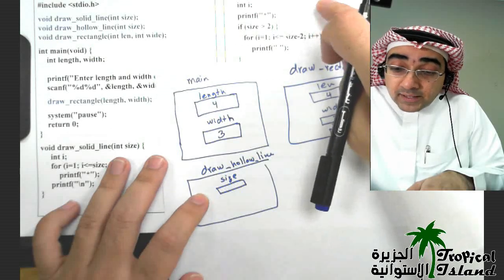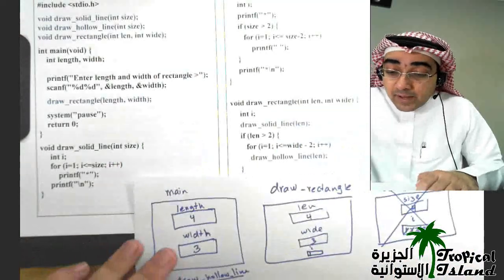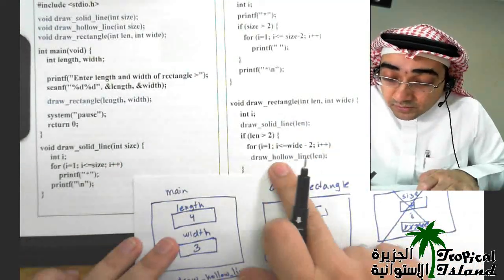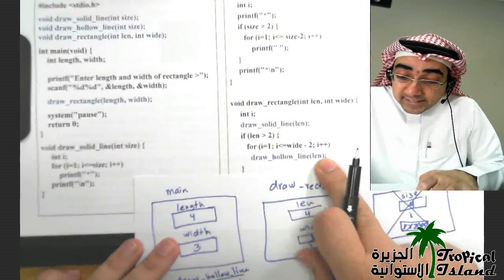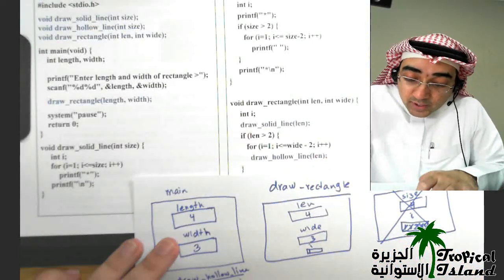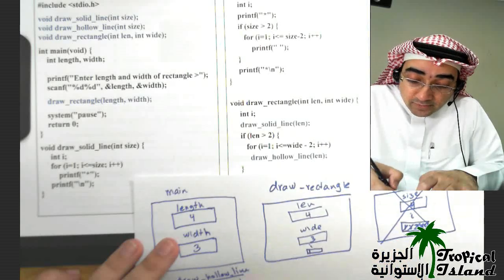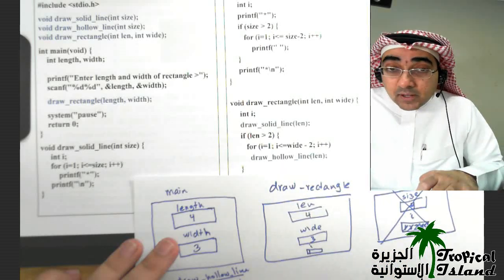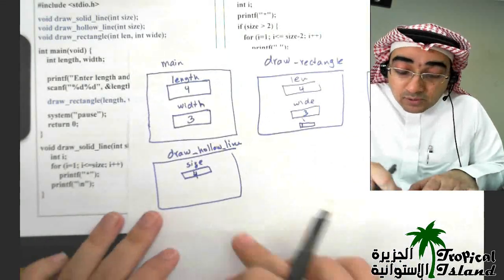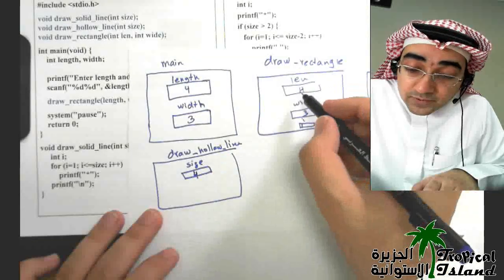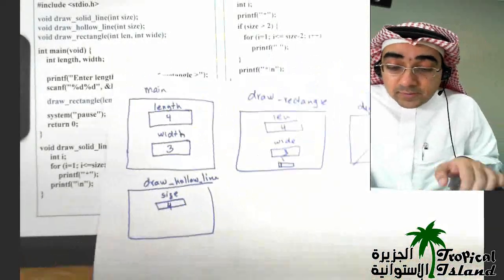So it's an input parameter, and I'm going to put into it the value that's passed to it. What is the value that's passed to it? In the draw hollow line, I am passing it len. What is len? Len is 4. So I'll pass len 4. The value of 4 will be copied from here to here.